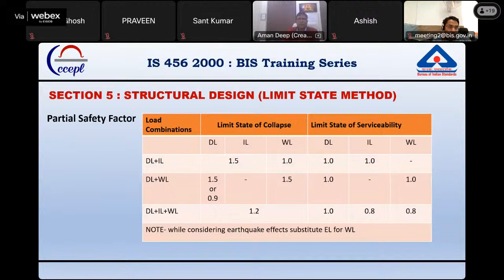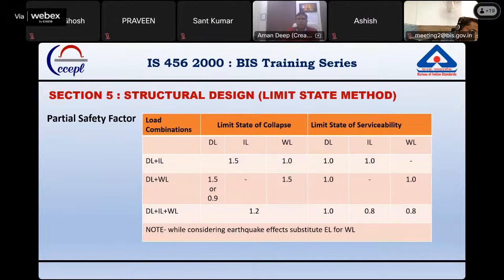Partial safety factors for limit state of collapse. When we have dead load plus imposed load, we have different load combinations, like dead load and live load with 1.5. If we are considering wind load or earthquake load, it can have 1.2. And in limit state of serviceability, we can have 1 dead load, 1 live load.